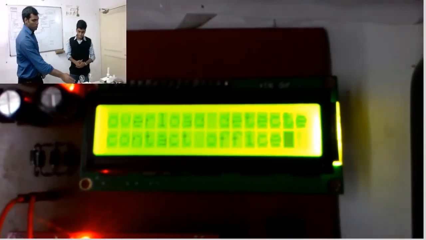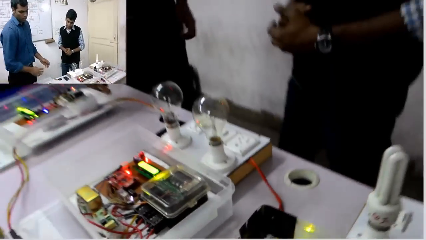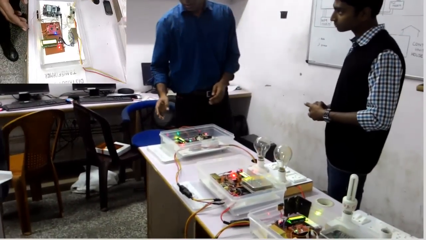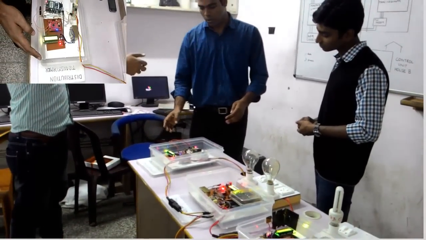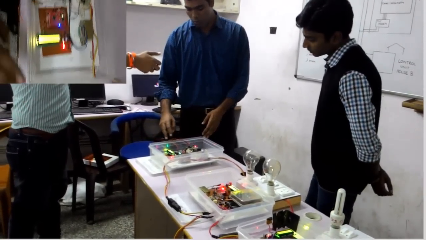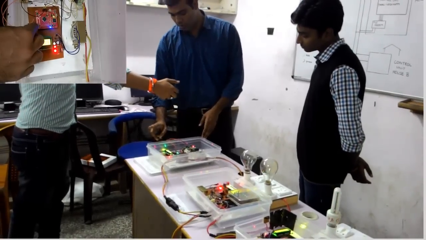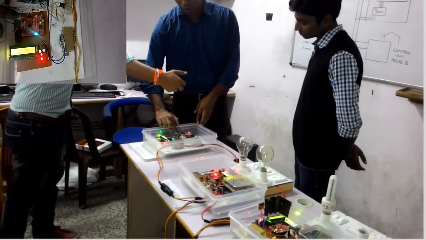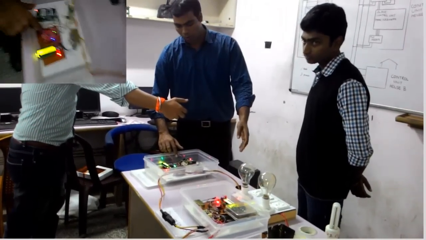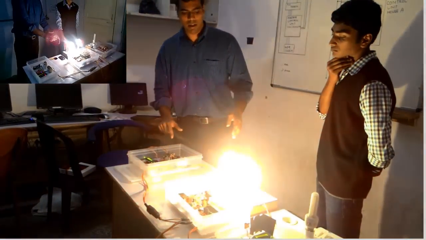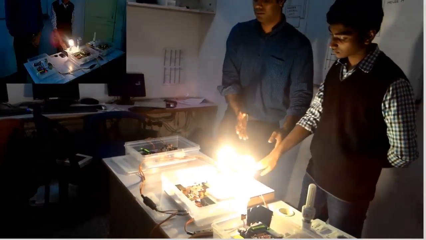So now once the house owner pays his bill to the authority, the power can be restored to his house through the control unit at the transformer side. We have assigned two buttons at the control unit of the transformer side. This one is for house B and this one is for house A. Now the power of house A is cut. When I press this switch, the power of house A will be restored.